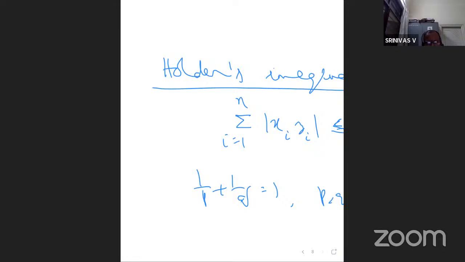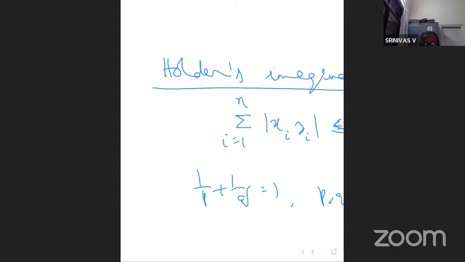Please look at this. Here it should be dot multiplication. Can I write on this?